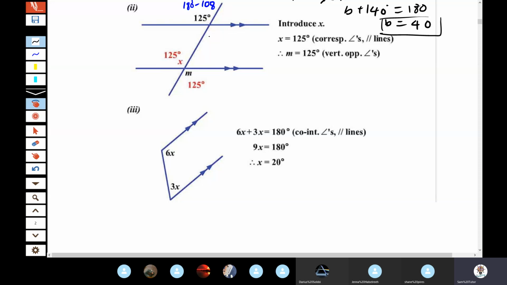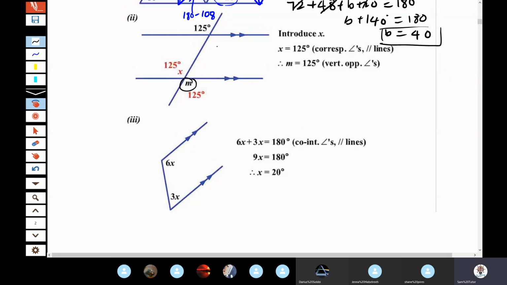let's have a look at this one. It says to find M, and all they gave me was 125. There's a few ways you could think about it again. If that's 125, then that's 125 because of corresponding, outside and inside, and you can see the F that I just drew.